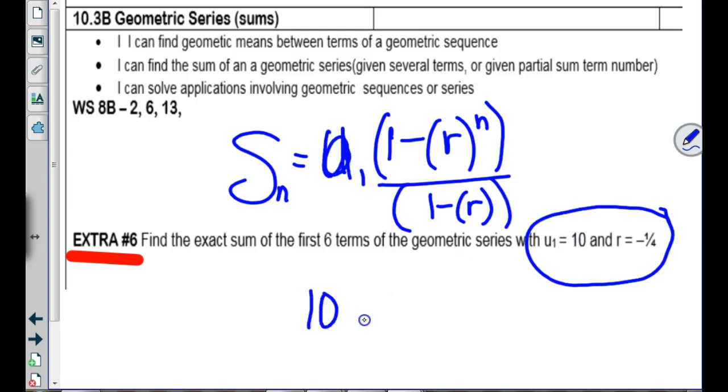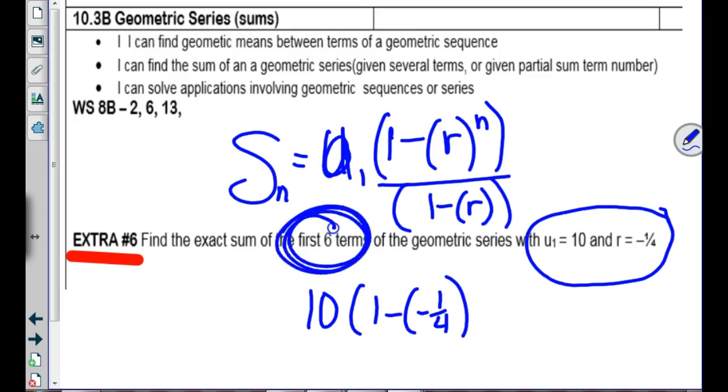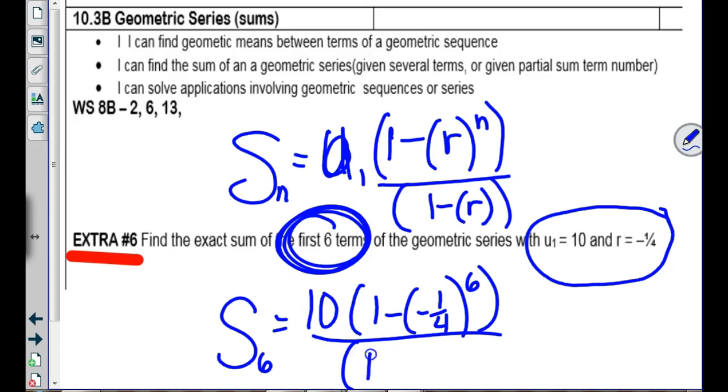So we're putting a 10 in for the first term, times 1 minus negative 1/4 to the, how many terms are we adding? 6, guys, so N is 6. I challenge every one of you to type this in, because this is what it'll be on the quiz and half of you will get it wrong. You'll write it down and then you still type it wrong.